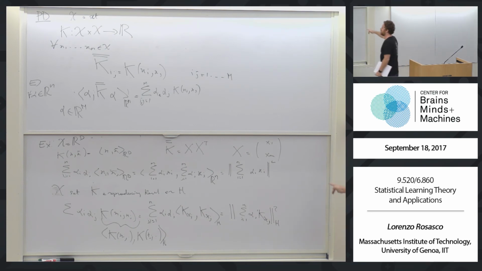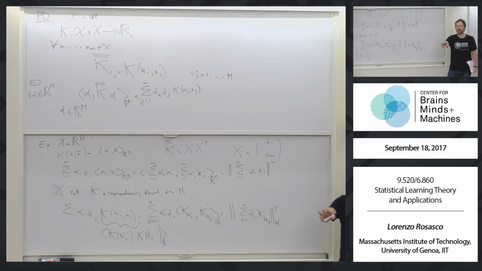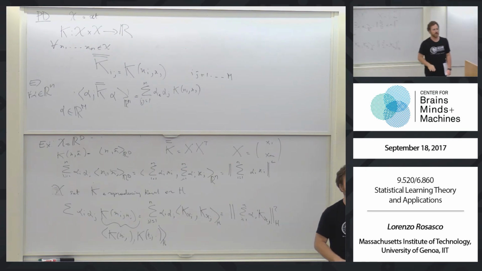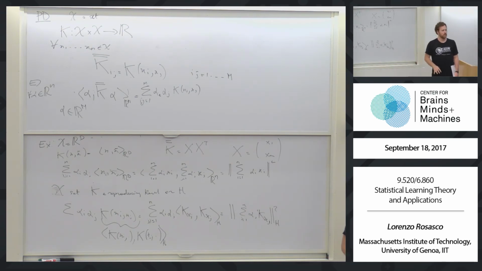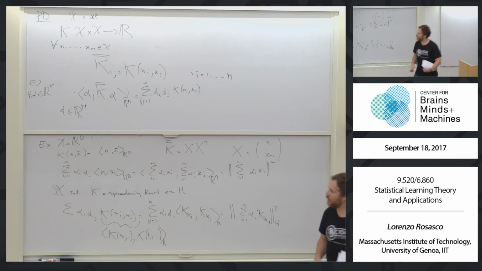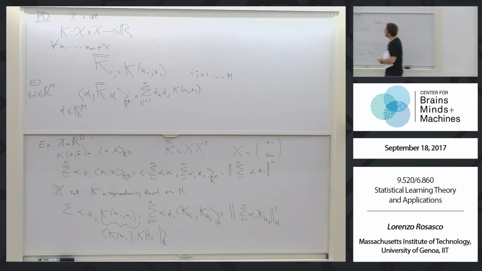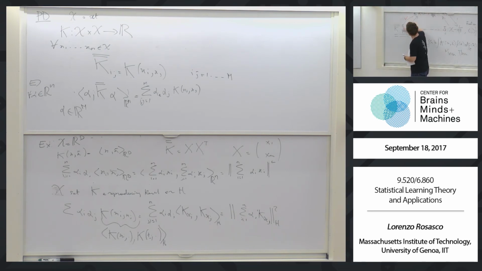So this one specific example is actually pretty general, because it shows me that any reproducing kernel is positive definite. And you can easily check that it's symmetric too. So, done. One direction is done.